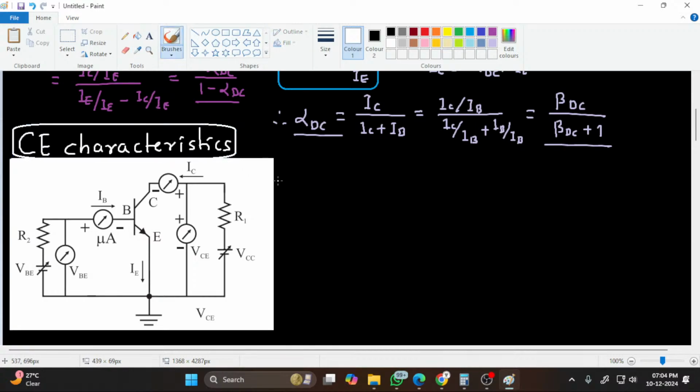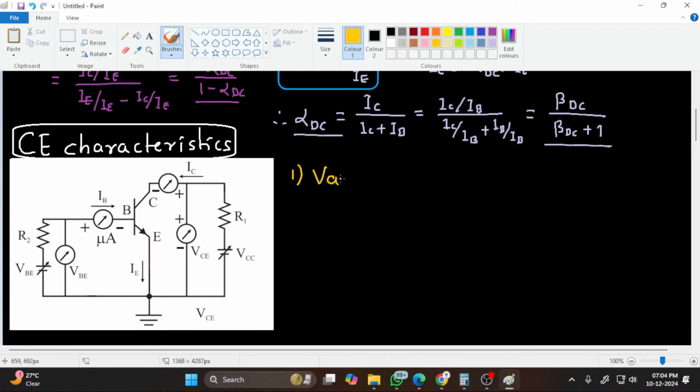CE characteristics. Input characteristic: variation of base current with base emitter voltage VBE is called input characteristic. So it is the graph between IB and VBE.